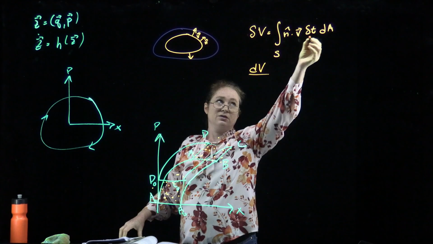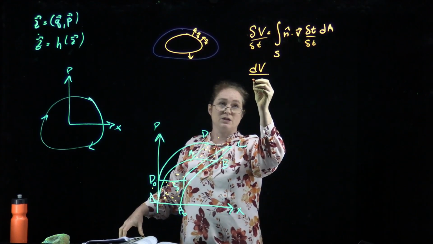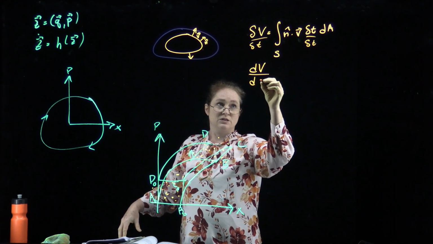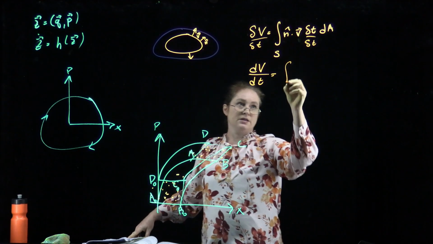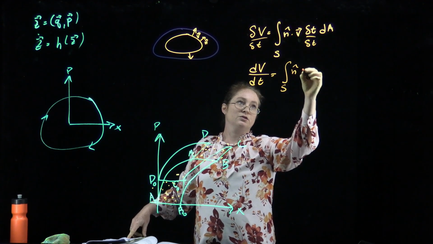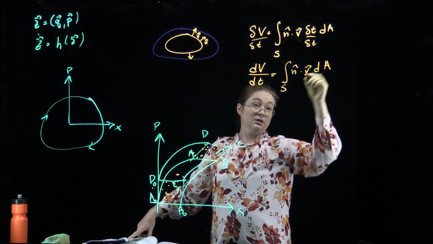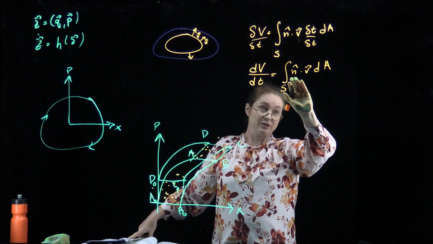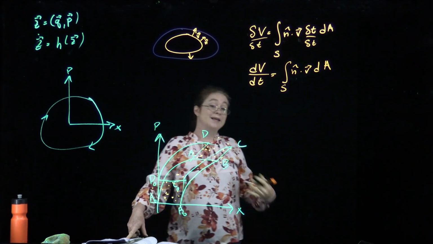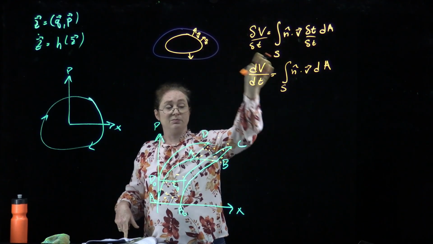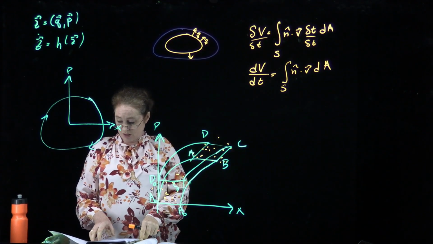I'm going to divide through by delta t and take the limit as the change in time goes to 0. The change in volume per unit time is then the integral over the surface of the dot product of the unit vector describing the surface with the velocity vector, integrated over all surfaces. By convention, we define this unit vector to be pointing out from the surface.